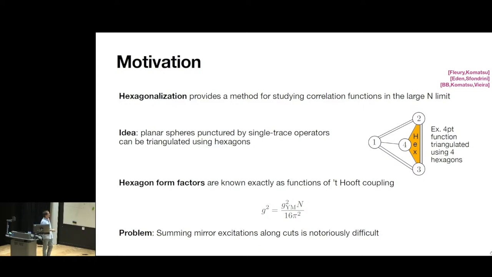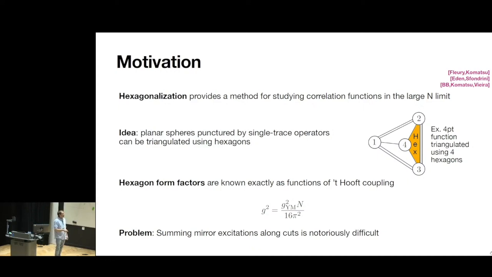So we believe we know these hexagon form factors exactly as a function of the 't Hooft coupling. These building blocks, these patches that we want to put together, we think we know them at any value of the 't Hooft coupling constant. The problem we are facing now is not really a conceptual problem but a real technical problem: to actually glue these things together.